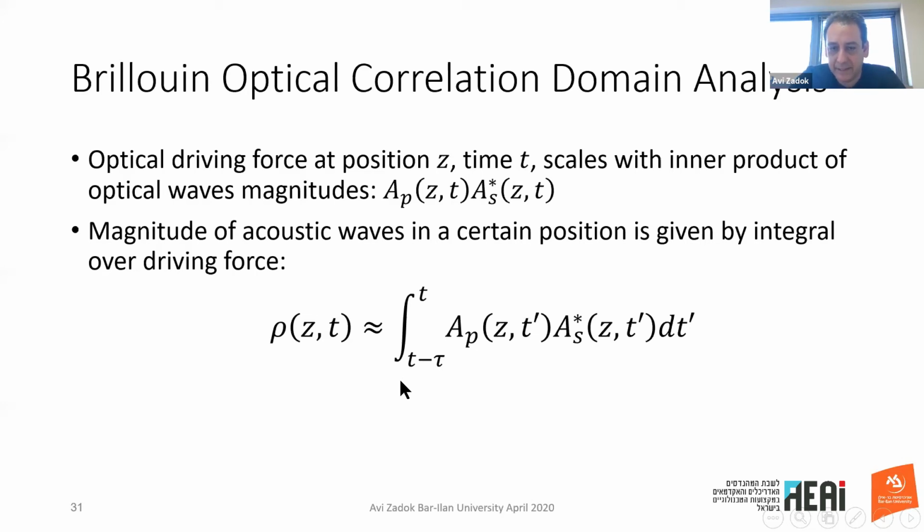And this, to me at least, somewhat resembles the charging of a capacitor. There is voltage on a capacitor, but the charge we accumulate goes with the integral over this voltage. So now we can distinguish between two cases.